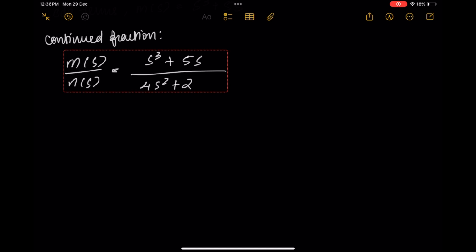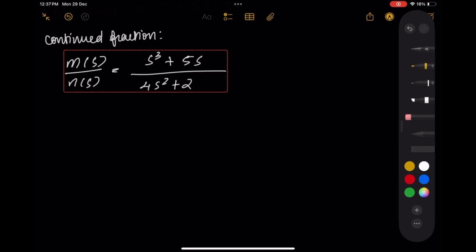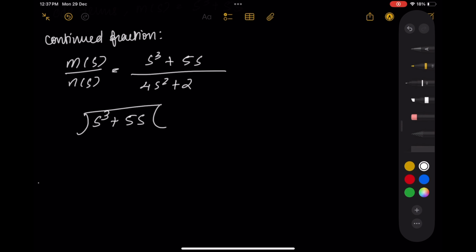If the quotients are not positive, that is, there are some negative values, then the polynomial will not be Hurwitz. So in order to check that, I'm taking the numerator inside: s cube plus 5s on the inside and 4s square plus 2 on the outside.